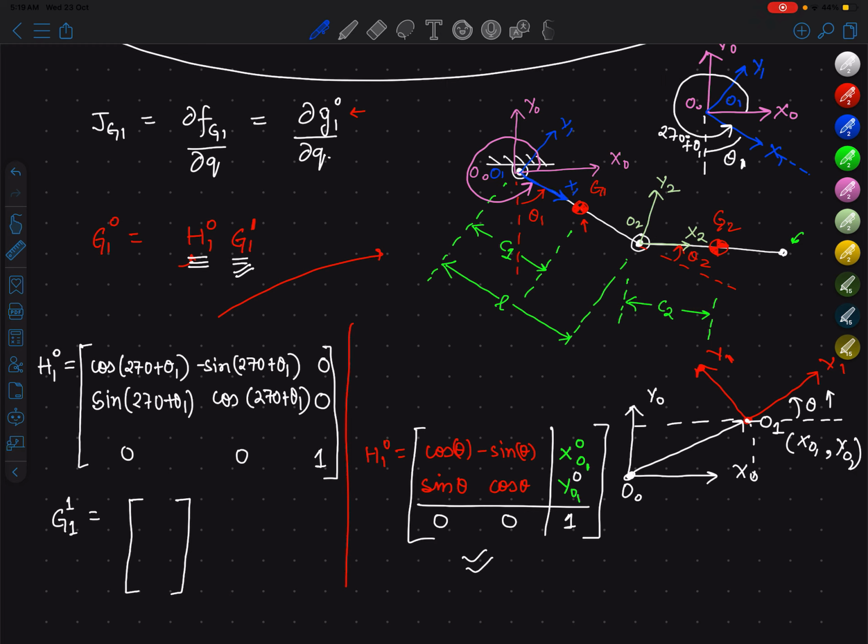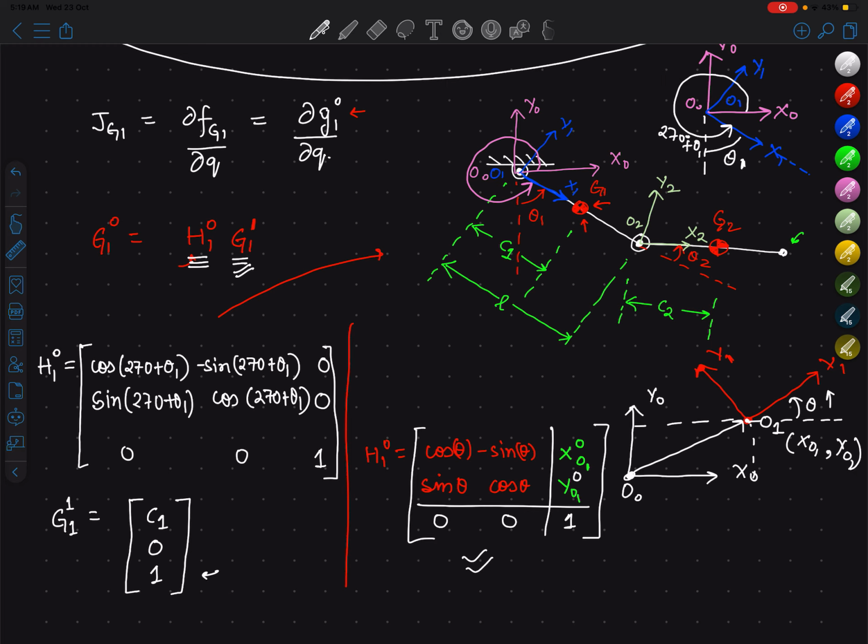Along the x1 axis G1 lies. So if you look in frame 1, G1 has only an x coordinate, and the y coordinate is 0. So we can write C1, 0 and 1. This is the homogeneous form, where you write 1 at the bottom. So C1, 0 is the coordinate, and in homogeneous form it is represented like this.